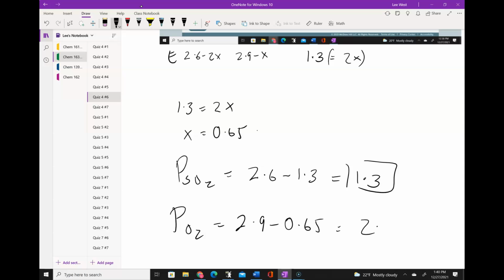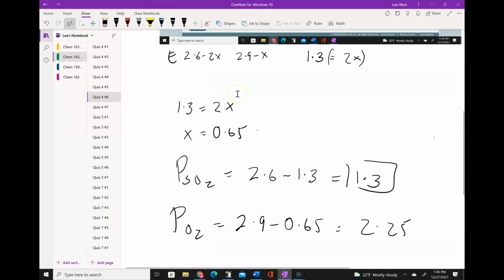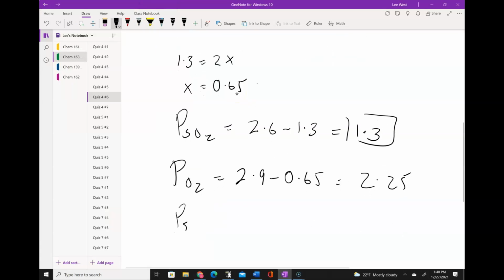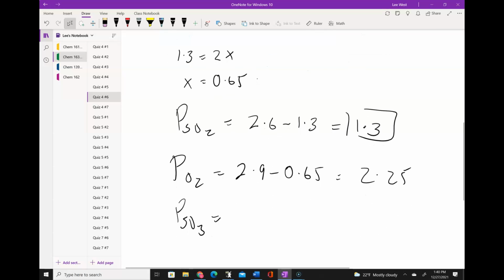So that will be 2.25. We should check all of these things, shouldn't we? You should check all of them. And then finally, we know that the partial pressure of SO3, because it was given in the problem, is just 1.3. Okay? And they were all atm, aren't they?